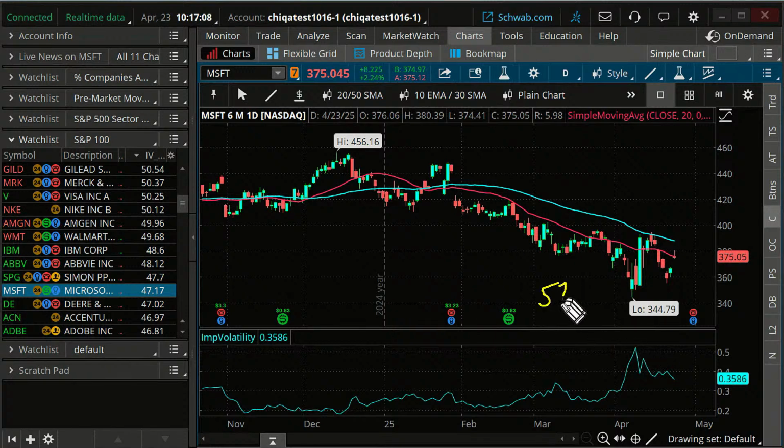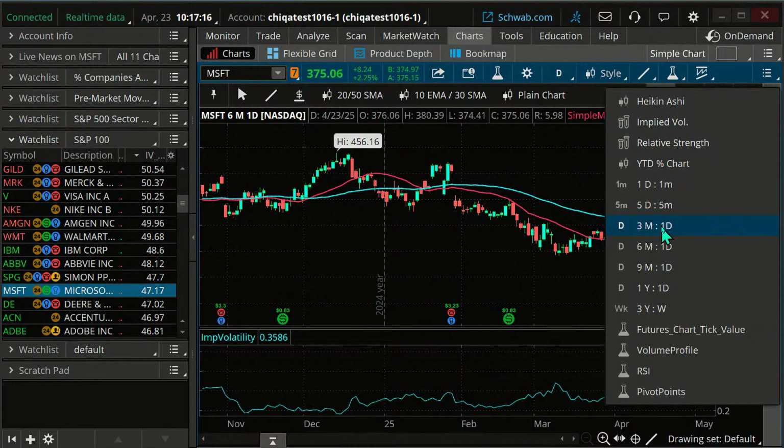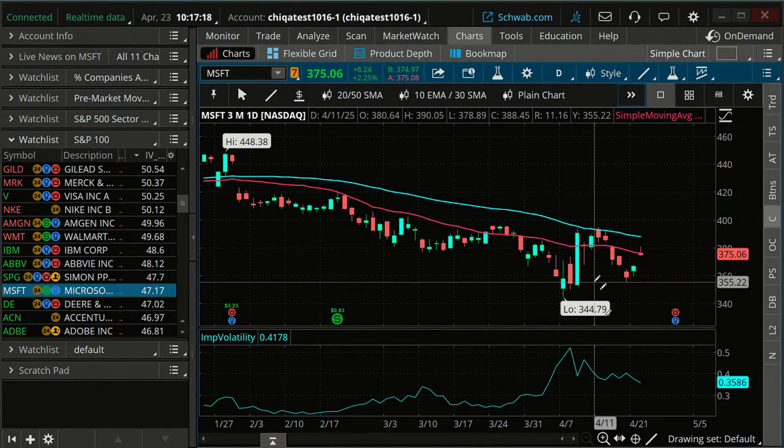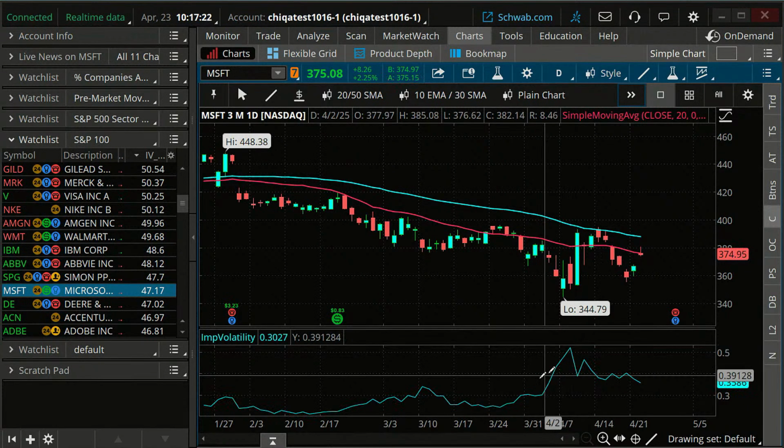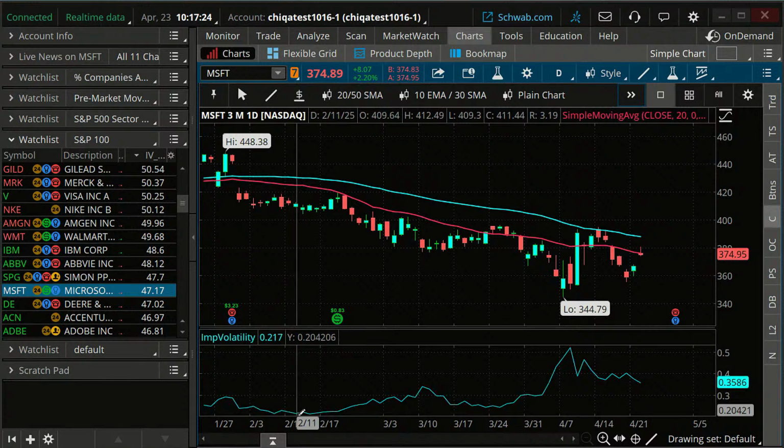Okay, 52 has been the high IV. Oh, that's over the last 6 months. We need to go to the last 3 months to match our script here. You can use whatever time frame you want. That's at 52. Our low was, what is that, about 21? Okay.